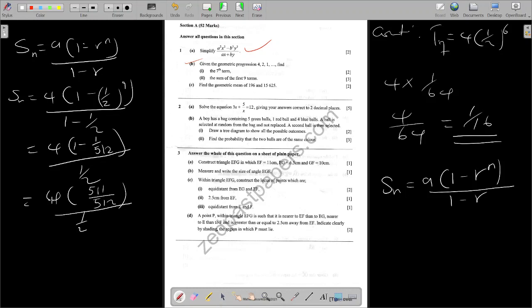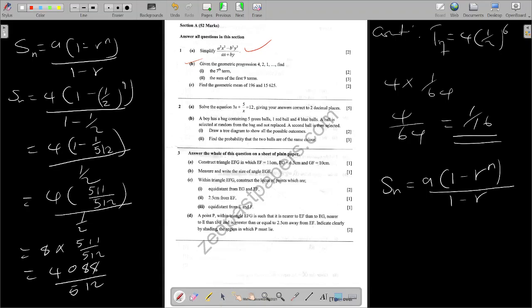When you multiply 4 by 2, it becomes the reciprocal, meaning you have 8 multiplied by 511 over 512. 8 multiplied by 511 gives 4088, so this will be 4088 divided by 512.